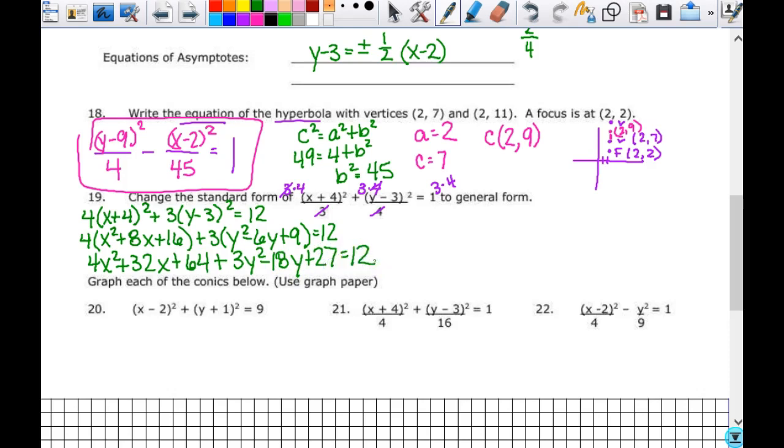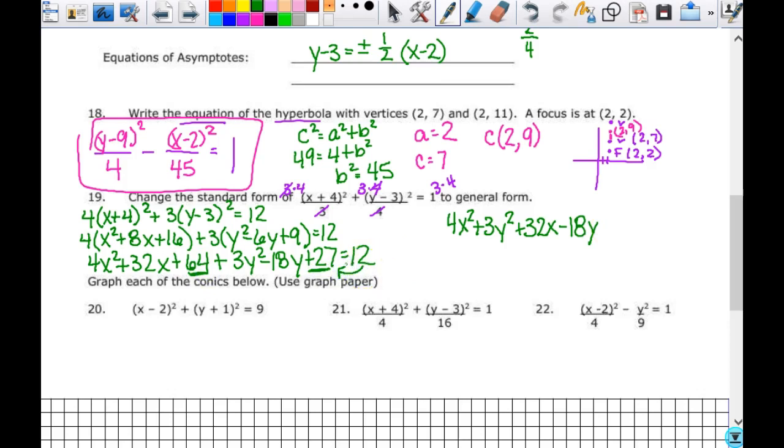So then, to get it in general form, my x squared comes first, 4x squared, then my y squared, plus 3y squared, then my x to the first, plus 32x, then my y to the first, minus 18y, and then I've got positive 27, positive 64, and when I move the 12 over, it's going to be negative.